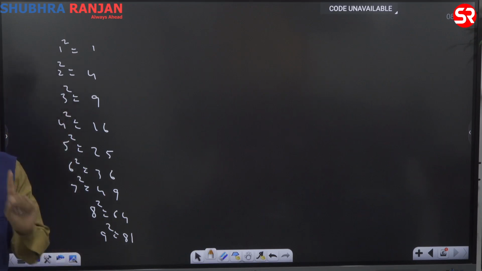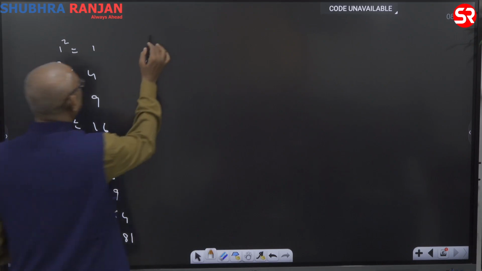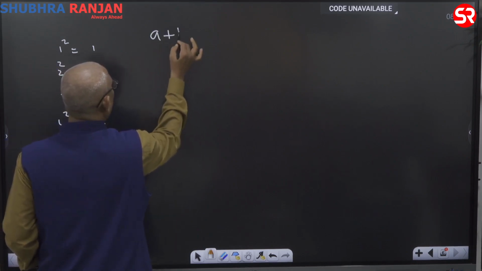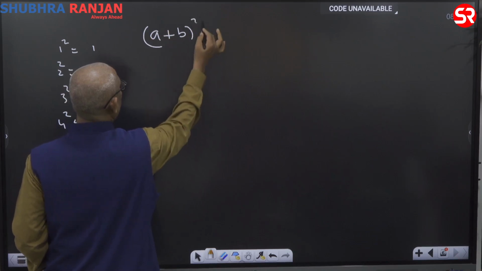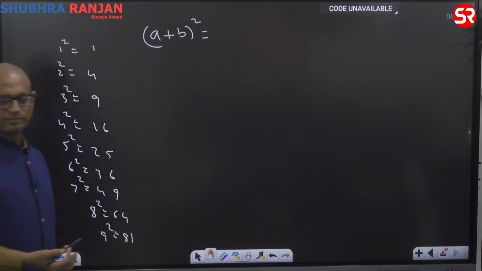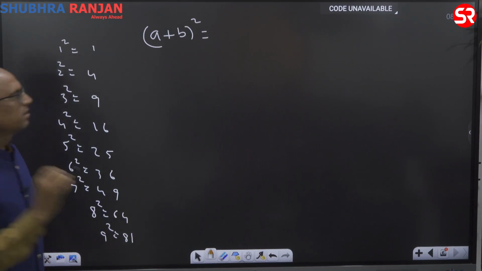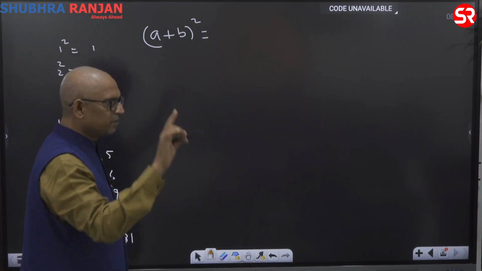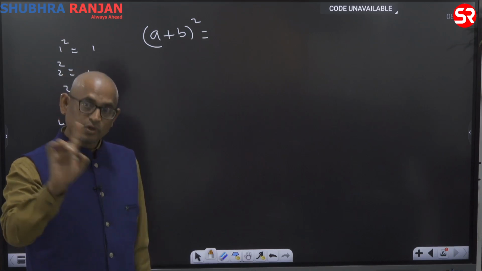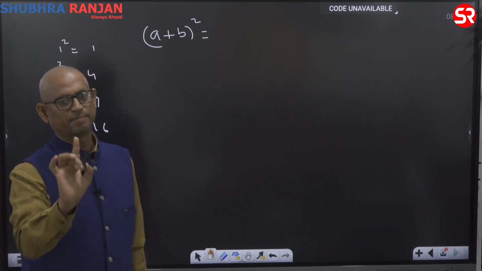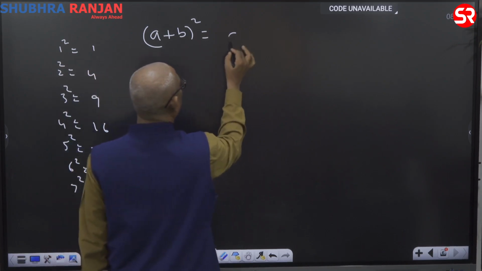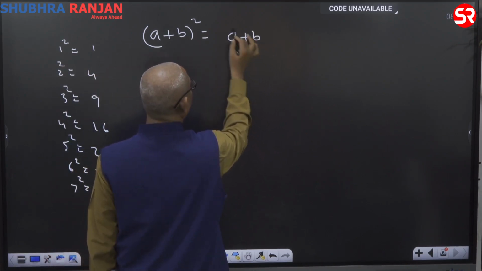Okay. Now doing squares. We know the formula of (a plus b) whole square. What is the formula? You just remember a square plus b square plus 2ab, not like a square, 2ab, plus b square. Remember in the same pattern. A square, 2ab. You know how this formula came?